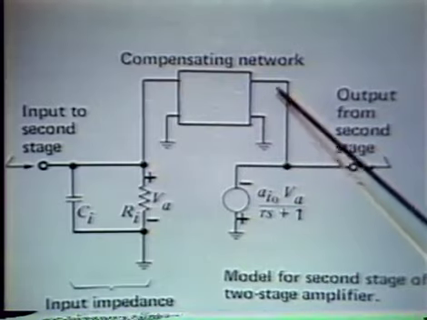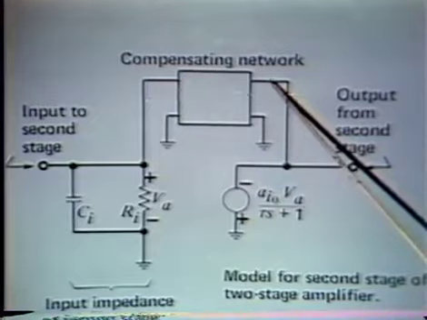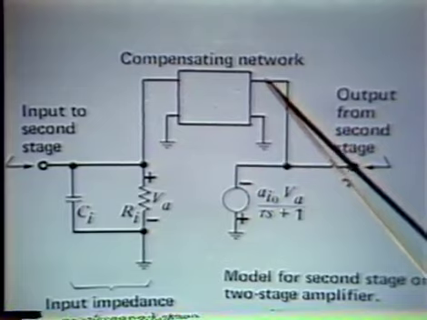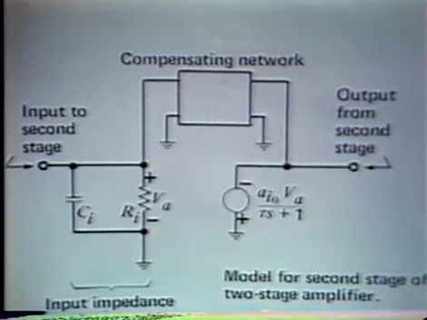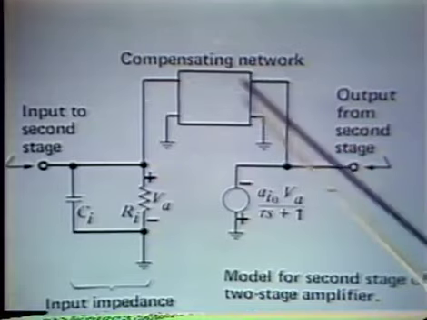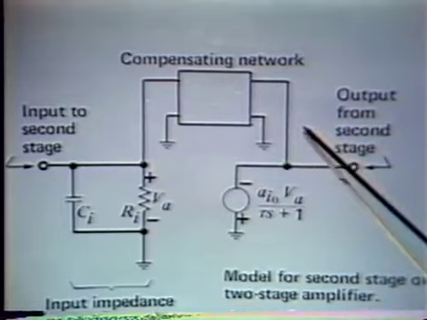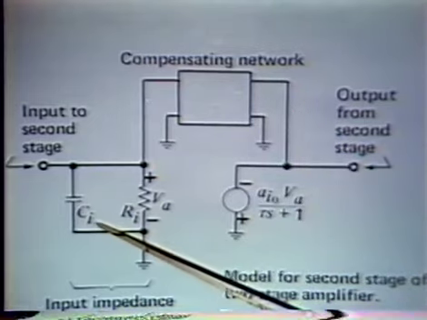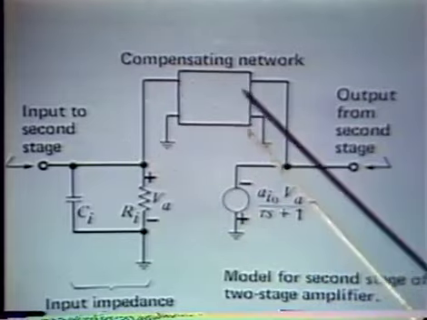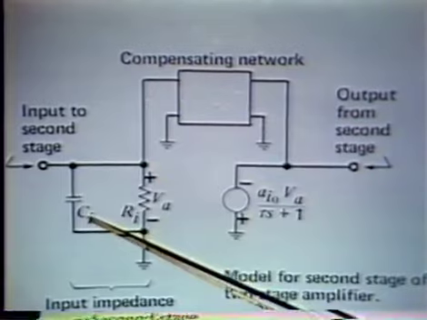However, consider what happens if at the crossover frequency of the minor loop this network looks basically resistive, if it looks effectively like a resistor between here and here. Then it's entirely possible that we get an additional pole in the minor loop transmission that reflects the loading of the input capacitance of the second stage working on that resistance. We'd simply get an RC transfer function from here to here.